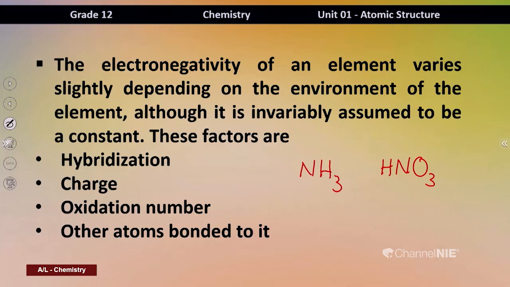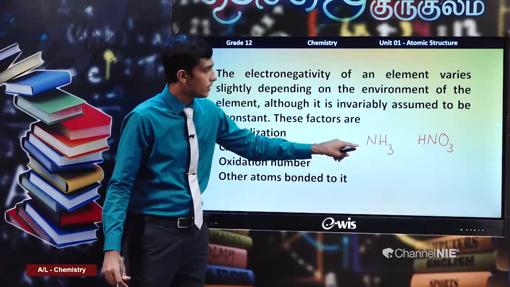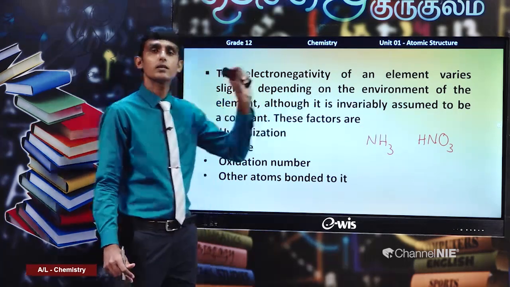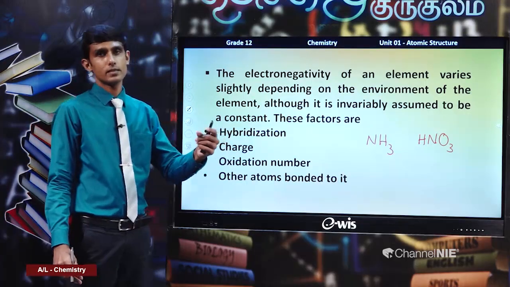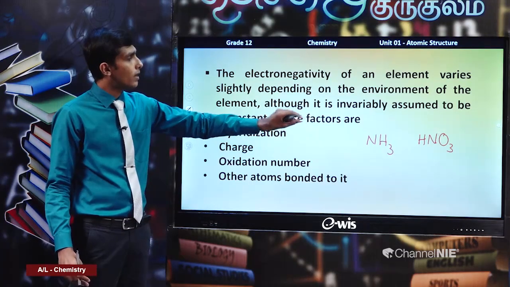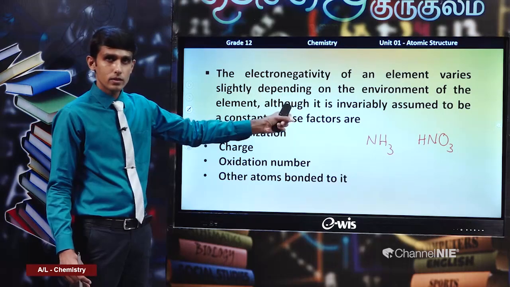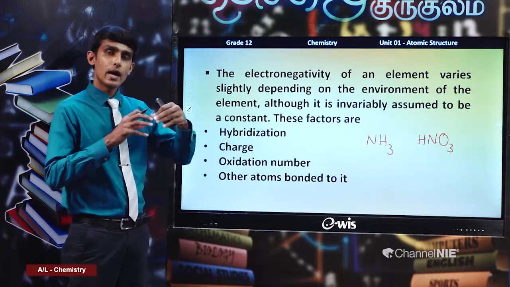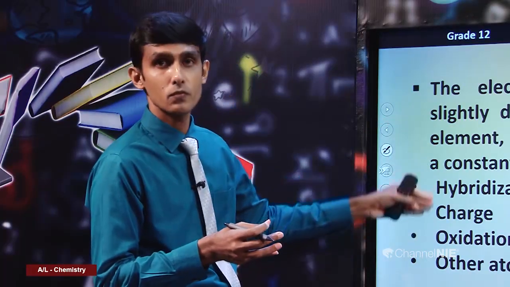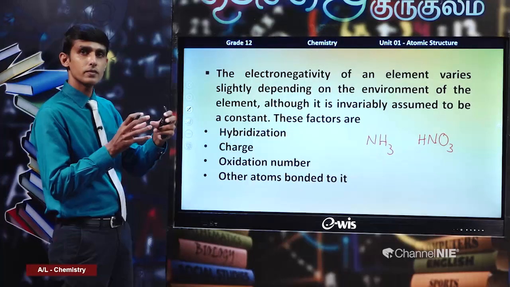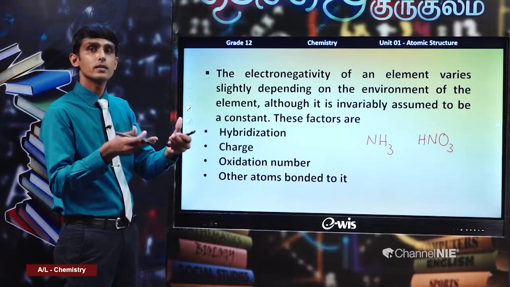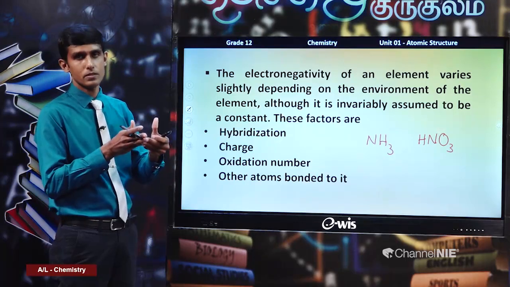Even though both molecules have the same atom, nitrogen, the electronegativity of the nitrogen atom in ammonia is slightly different from that of the nitrogen atom in nitric acid. The reason is that the hybridizations, charges, oxidation numbers, and the atoms bonded to that nitrogen are different. So based on these differences, the electronegativities of atoms, even if they belong to the same element, differ slightly.